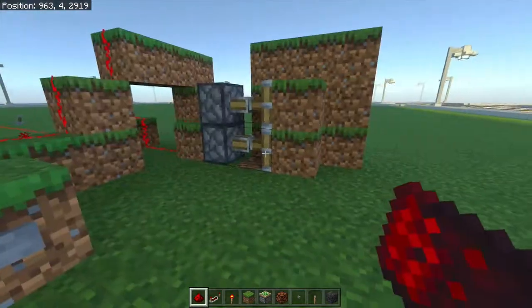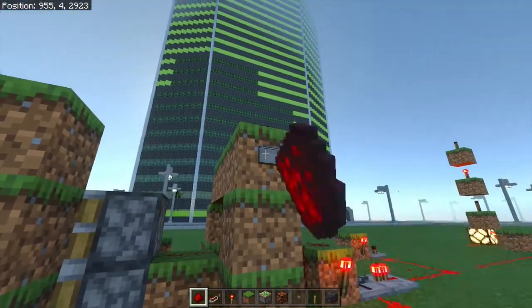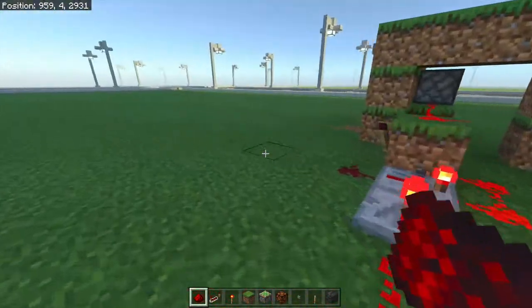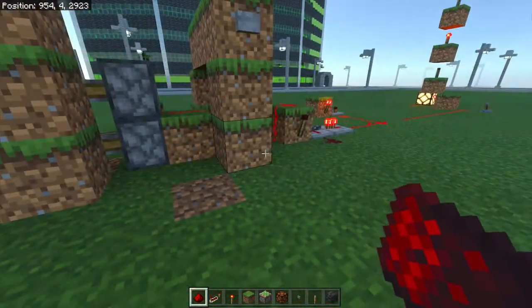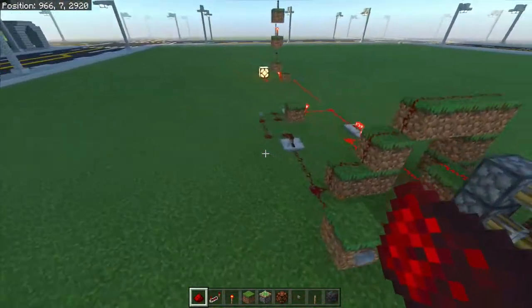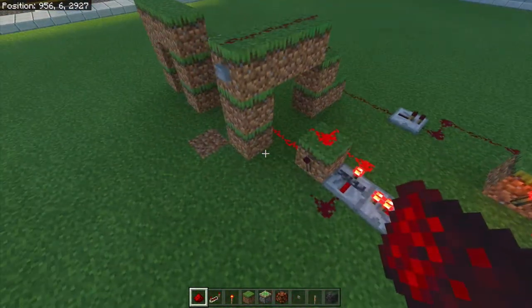You can shut the door from the inside or open the door from the inside. From either side you can toggle this thing. So that's a much more classy way to build those mechanical hidden doors that people love to make so much on their secret bases.